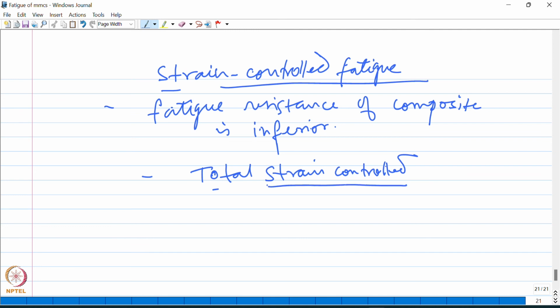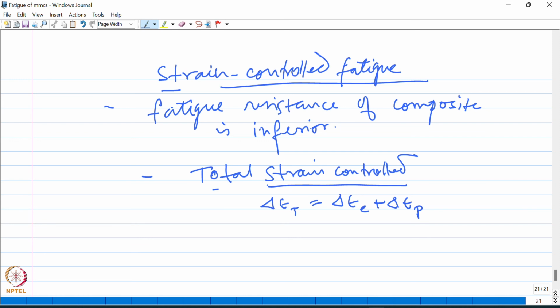In this case we have seen that the inferior fatigue resistance of the composite arises from the fact that the total plastic strain in the composite is higher compared to that in the unreinforced matrix material, and that comes from this particular equation. This equation says that the total strain range is equal to the sum of the elastic strain and the plastic strain.